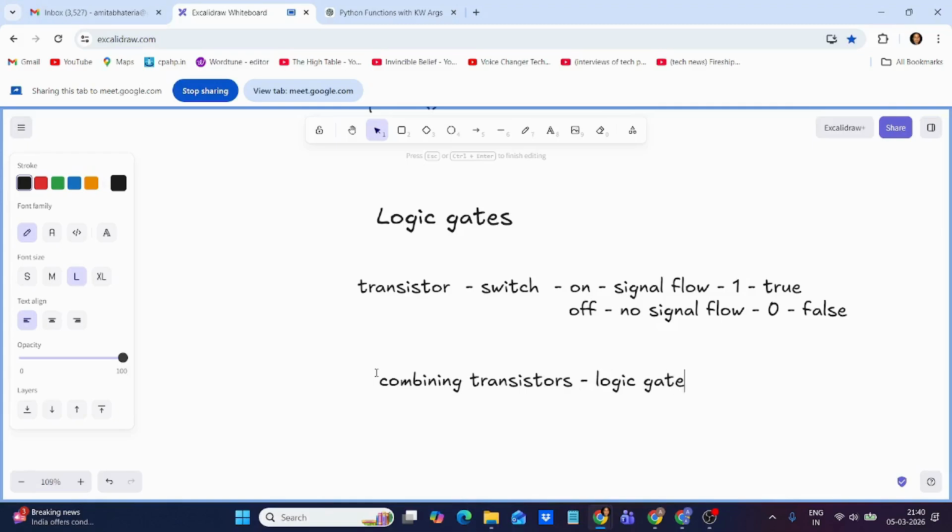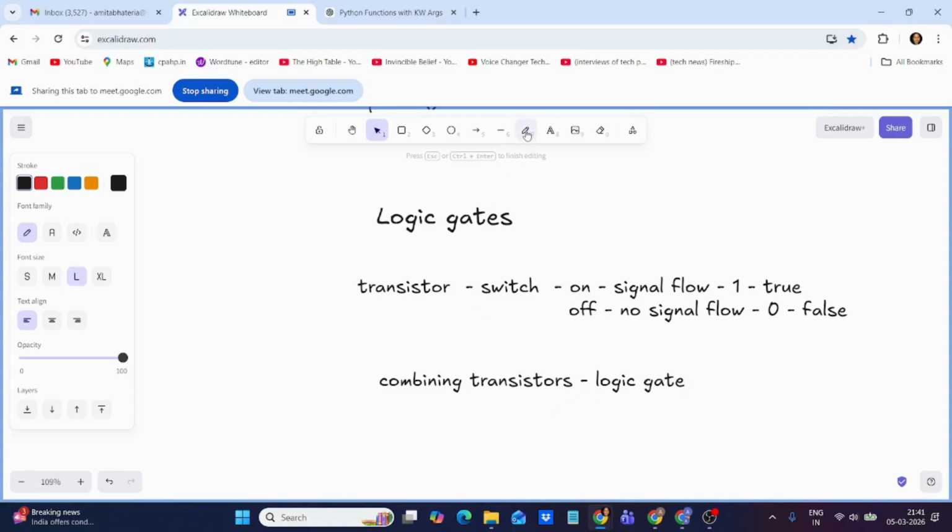We know that a transistor can have a value of either 1 or 0: when there is signal flow it is 1, no signal flow means 0. This property of a transistor we can use to form a logic gate.